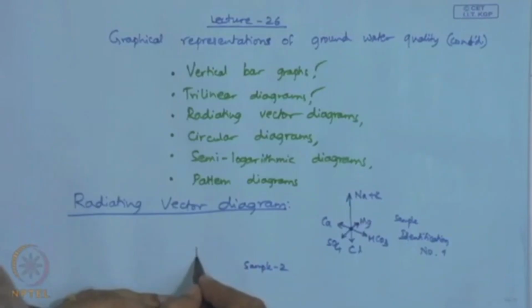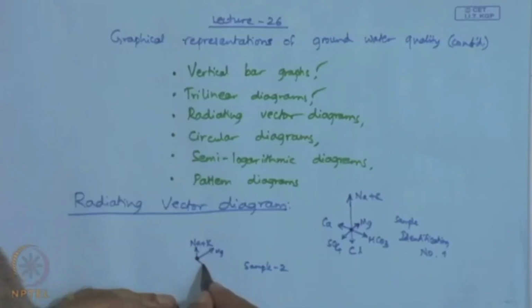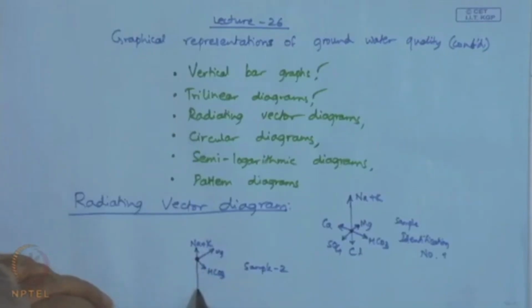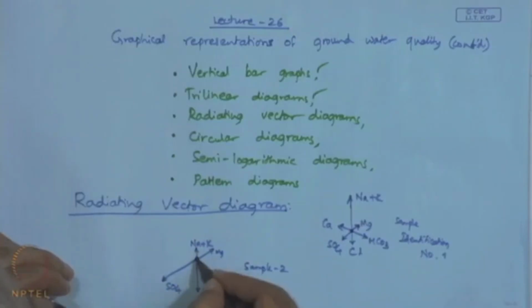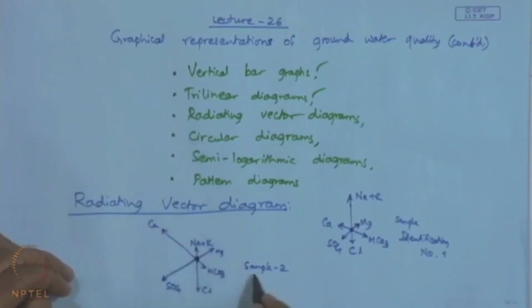In this case, again the same pattern is maintained, and at 120 degrees it is HCO3, and so it could be the chloride concentration, and the next line is the sulphate concentration, and then this is the calcium concentration. This is for sample 2.